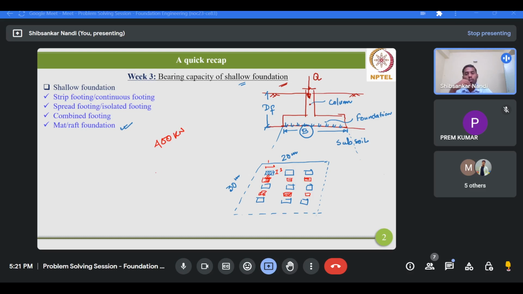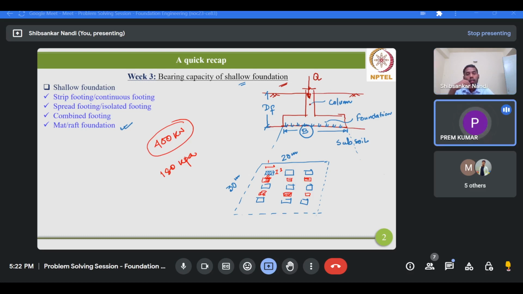Suppose from the field investigation we have determined a safe bearing pressure of 180 kPa. Now, to sustain this kind of load, will the dimension be the same? Yes or no? How? We will learn that in the subsequent lectures, because so far we haven't learned how to design a footing.